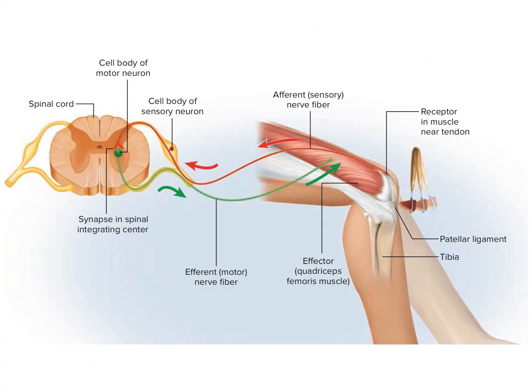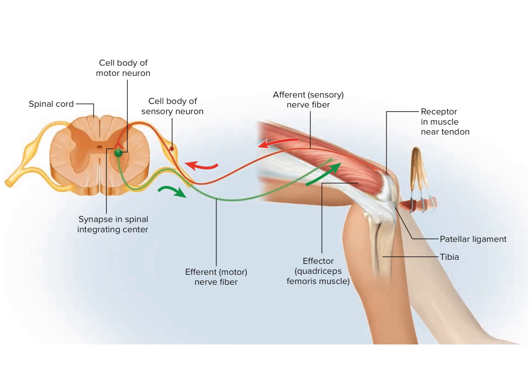Now, we should talk a little bit more about the reflexes. Reflexes, again, they are involuntary, and they have two major components, a sensory and a motor. The sensory component senses the change. For instance, here you have a receptor in the tendon, and when the tendon is stretched due to the hitting of this little tool, as a result, the information travels back.